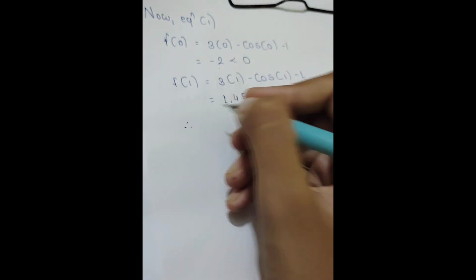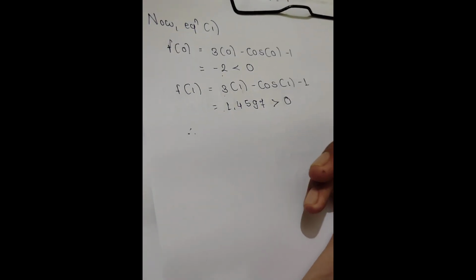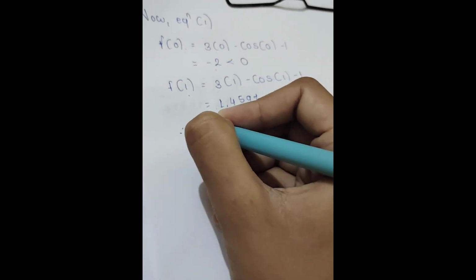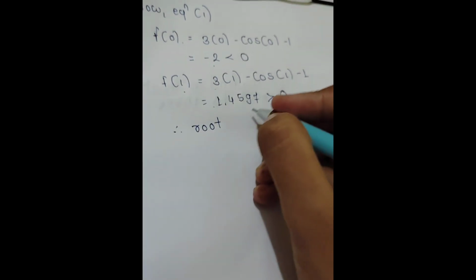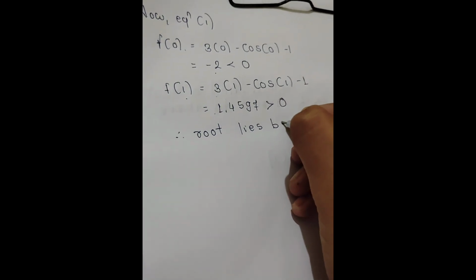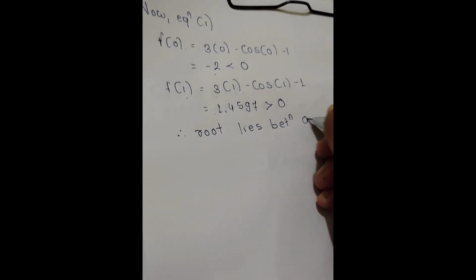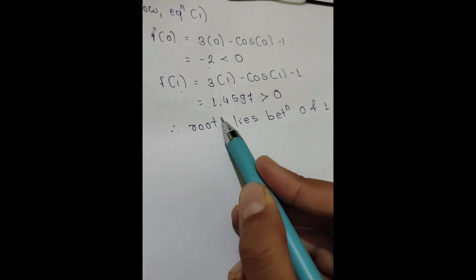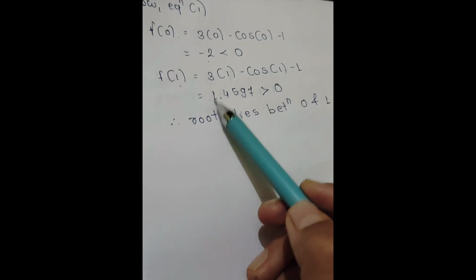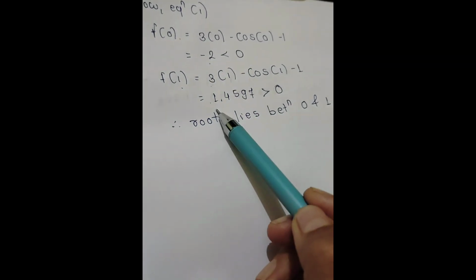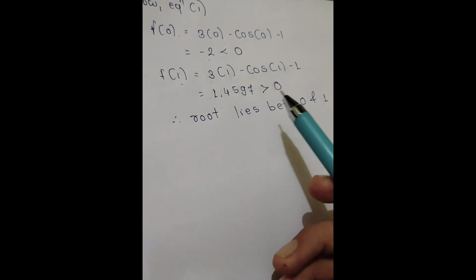Therefore we get that the root lies between 0 and 1. Numerically, without taking the sign, 2 is larger than 1.4597.